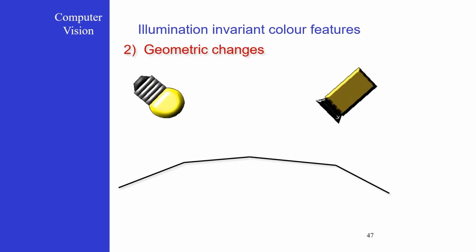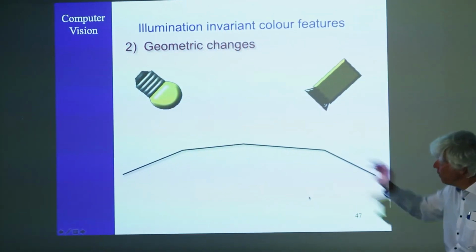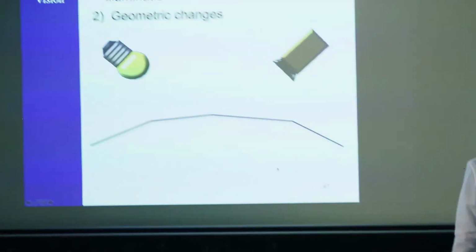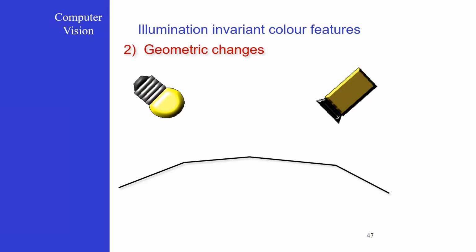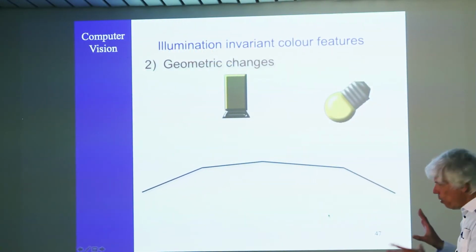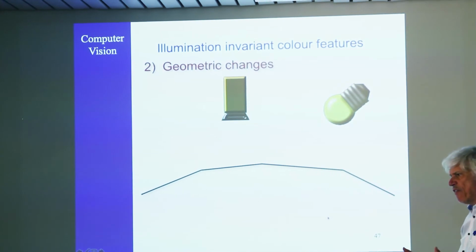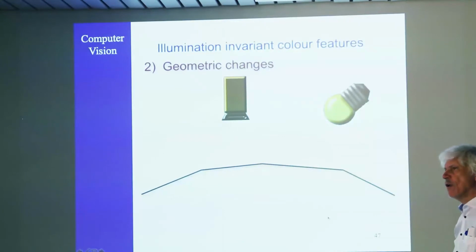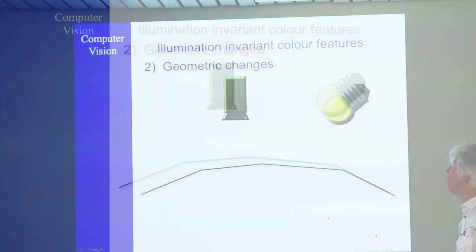Okay, but now the second change, the geometric change. So now we will start moving things around. The color of the illuminant will not be changed, but the position of the illuminant and the camera we allow to change, to go, for instance, to that new situation. What is now the consequence is that the amount of light reflected towards us, because of this new geometry, will be different. So we have the same kind of additional or lesser reflectance in all the spectral bands.